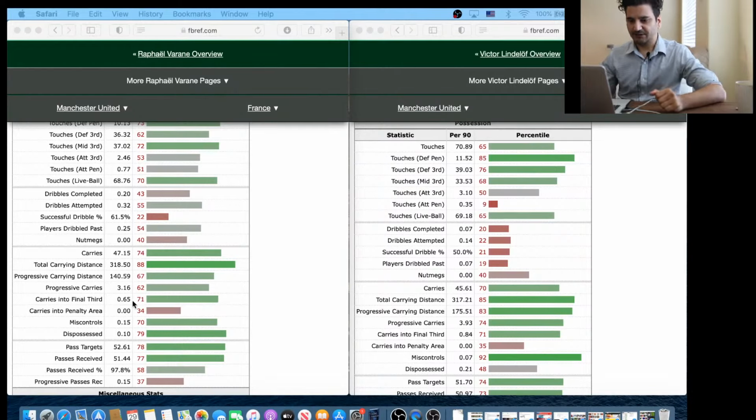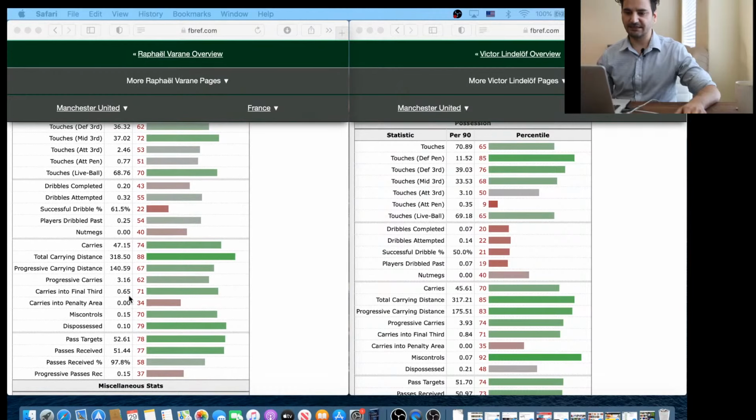And if you look at that aspect of the game, Lindelöf is far inferior to Varane.